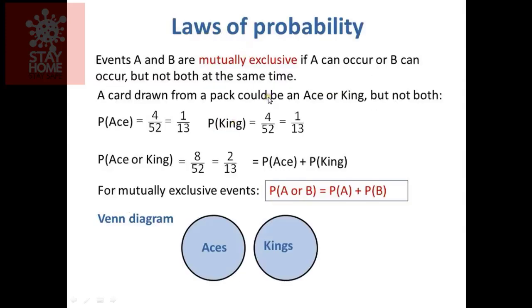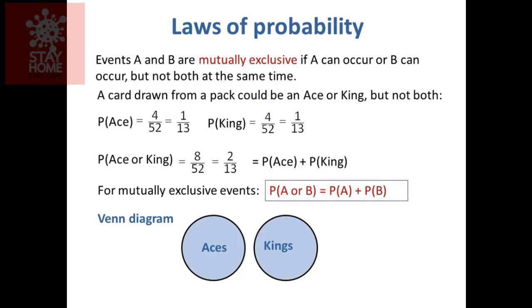Now, laws of probability. Events A and B are mutually exclusive if A can occur or B can occur but not both at the same time. A card drawn from a pack could be an ace or a king. Ace or king cannot be at the same time, because an ace is a different card and a king is a different card.